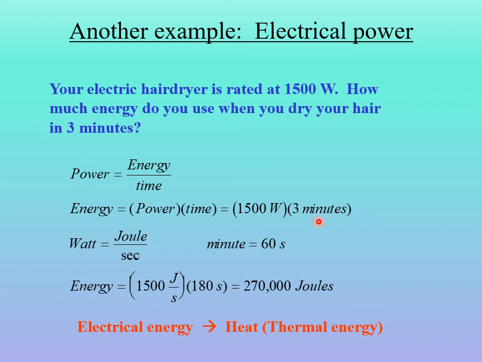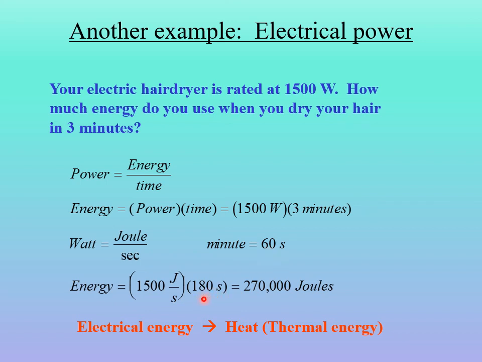The time, remember, was given as 3 minutes, but we have to convert this to seconds. So a watt, by the way, remember, is joules per second. So this 1500 watts, I'm going to change that to 1500 joules per second. And 3 minutes, remember, of course, a minute is 60 seconds. So 3 minutes, we have to convert that to seconds.